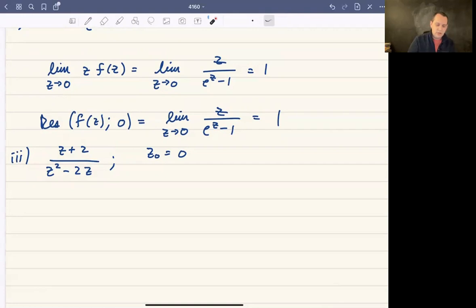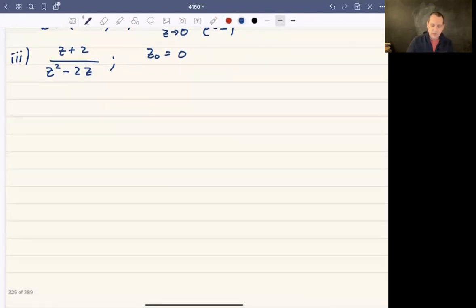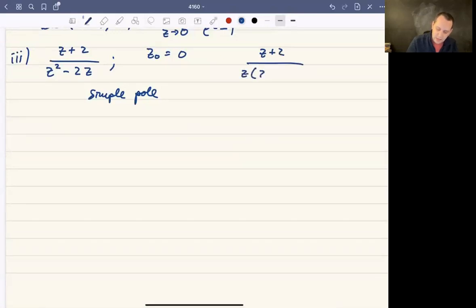So you can use either formula you want to use, but what I just said emphasizes that this is a simple pole, and you can do that also just by factoring, right? (z + 2) over (z squared - 2z) is equal to (z + 2) over z times (z - 2). And so here's your g and here's your h. And with the h, you factored out one of the zeros. It's to the first order, so that's what makes it simple, is that our function has a pole of order 1.